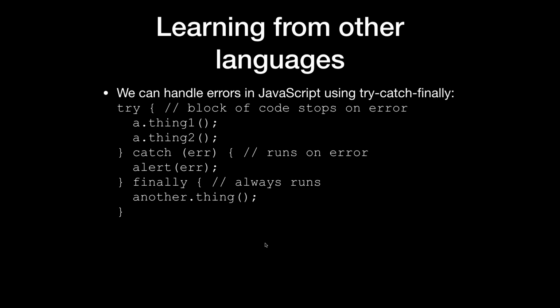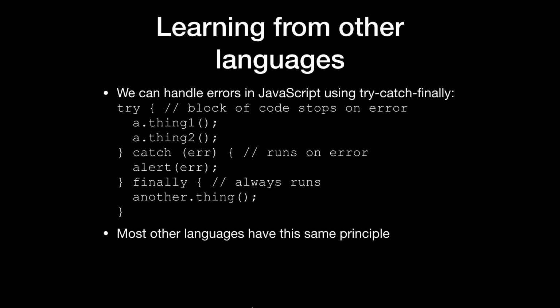A try block will stop when an error occurs. If there's no error in the first statement, then the second statement will run, and so on. The catch block will only run if there was an error in the try block, and the finally block will always run at the end anyway. It doesn't matter if there was an error or not.